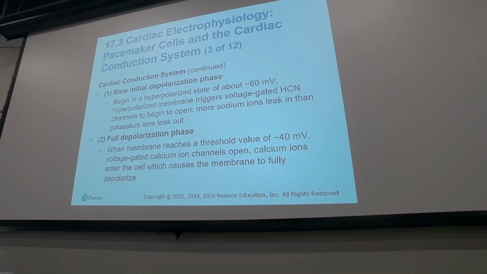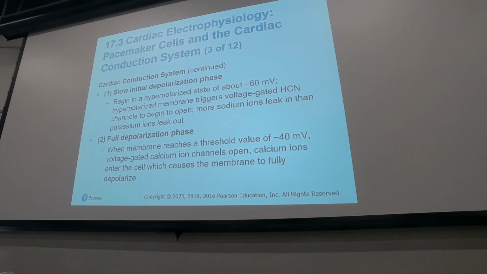So what are the parts of this action potential in these pacemaker cells? You have a slow initial depolarization that begins at minus 60 millivolts, and then once you reach minus 50 millivolts, the threshold, then you have a full depolarization, which actually, the threshold is minus 40. So you have the full depolarization phase.